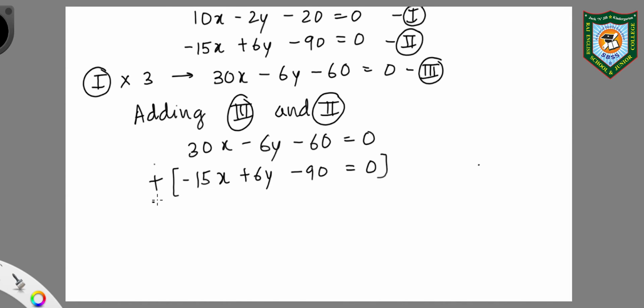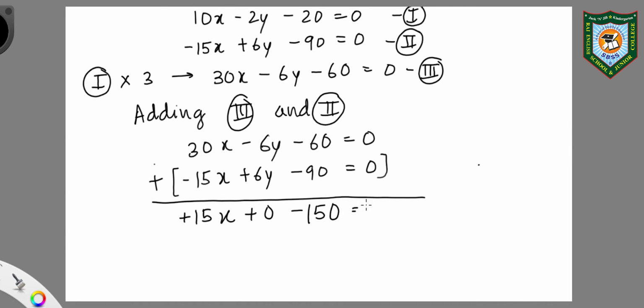Now the plus sign does not change any sign inside, so we'll leave it like that. 30 minus 15 is plus 15x, minus 6y plus 6y is 0, and this is minus 150, which is equal to 0. So now minus 150 goes to the right hand side, so I have 15x is equal to 150, which implies x is equal to 10 rupees.